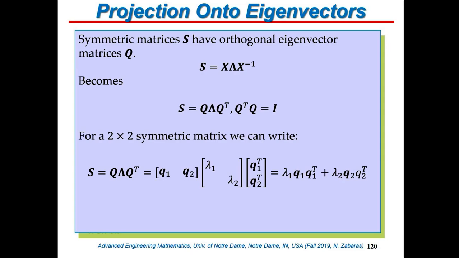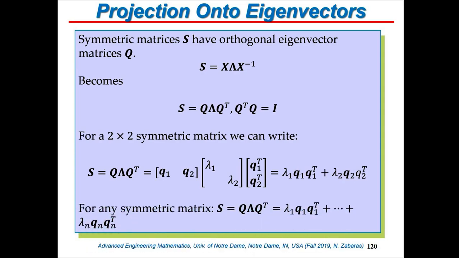So this is literally what we call a spectral decomposition of a symmetric matrix S. And obviously, you can write this for any n by n symmetric matrix as shown in the equation here on the bottom.